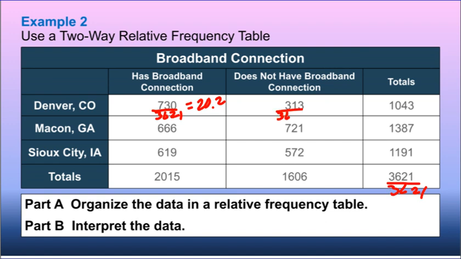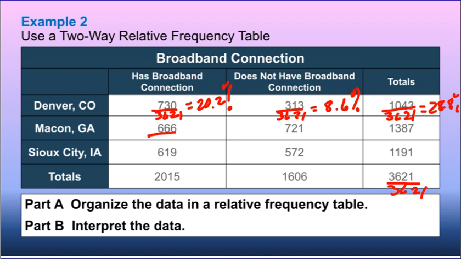Divide 313 by 3621, which gives us roughly 8.6%. Divide 1043 by 3621, which gives us 28.8, which is the 20.2 plus the 8.6.